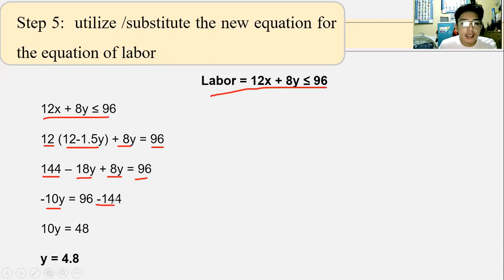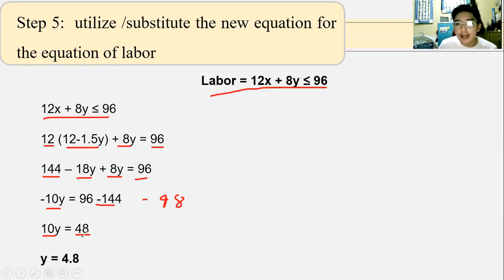So 96 minus 144 is actually negative 48. What I did is just multiply both sides by negative 1. Since this is negative and this one is also negative, negative 10y equals negative 48 becomes positive 10y equals positive 48. It's a simple mathematical concept.